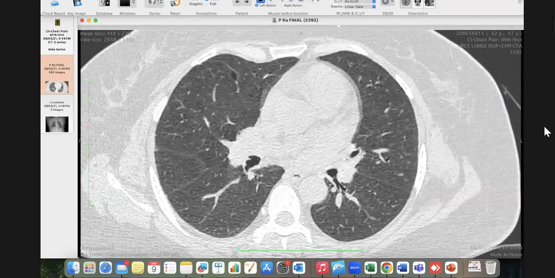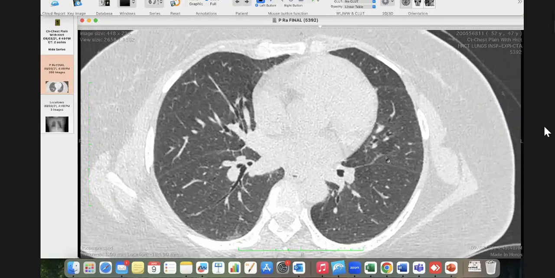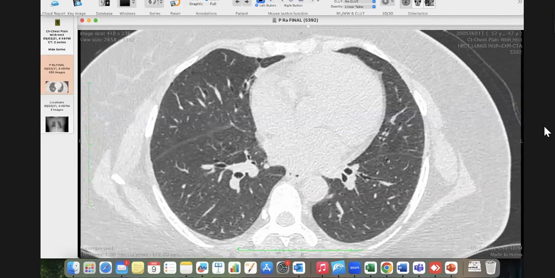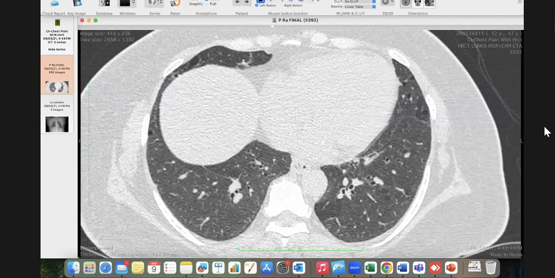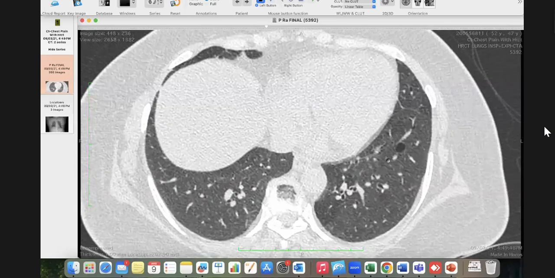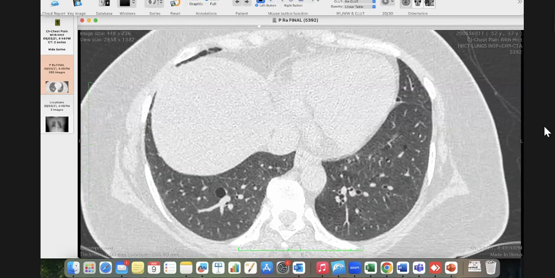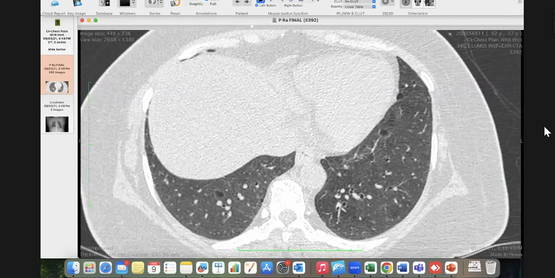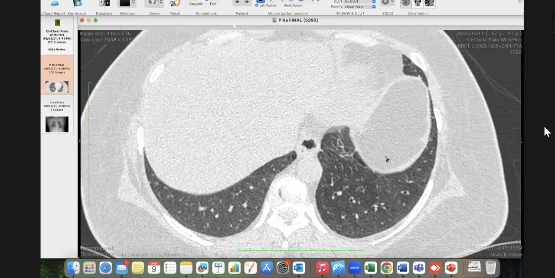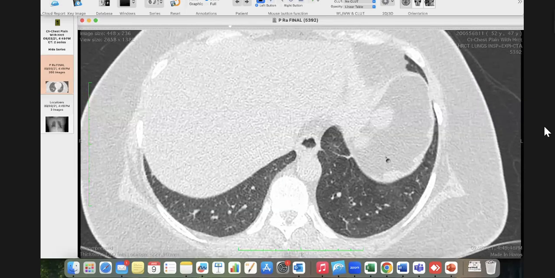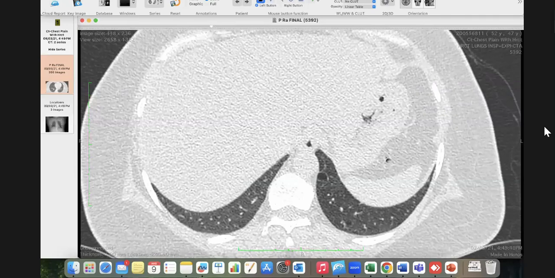So I have subtle ground glassing throughout the lungs, and I have got multiple small cysts. It's a female patient. She's only 48 years old. She's a known case of Sjogren's syndrome. These findings are attributable to only one thing, which is lymphocytic interstitial pneumonia.